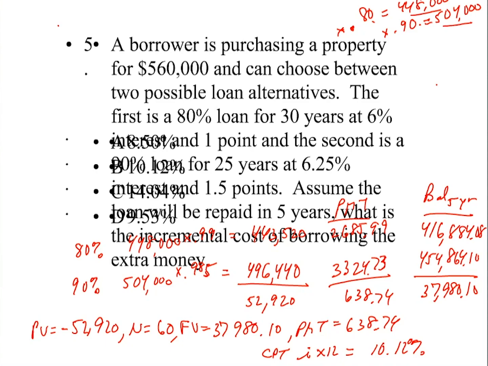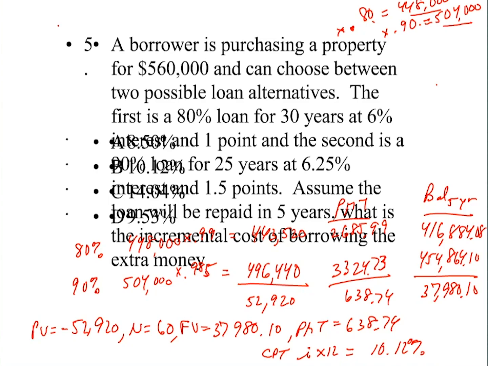For the 90% loan, the present value will be $504,000 for 25 years, so N will be 25 times 12. The interest rate, 6.25 divided by 12. The future value, of course, is 0, and we compute the payment, $3,324.73. Now, the difference between these payments is the incremental amount, and that's $638.74.